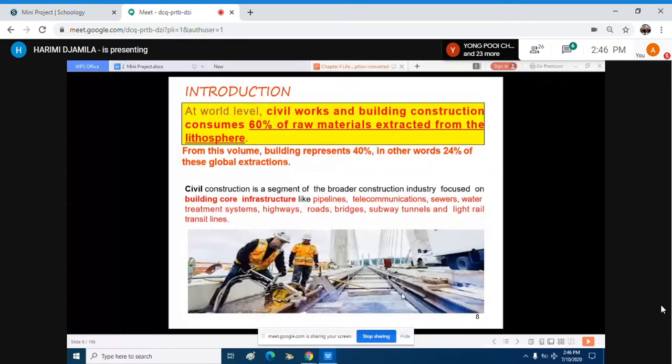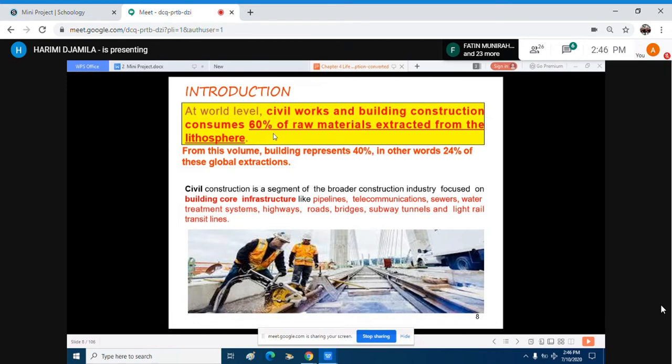Engineers, actually, the information provided in this slide is extremely important, and it shows that life cycle analysis is a very important topic, and I believe especially in civil engineering. Why? Because civil works and building construction consume 60% of raw materials extracted from the lithosphere.